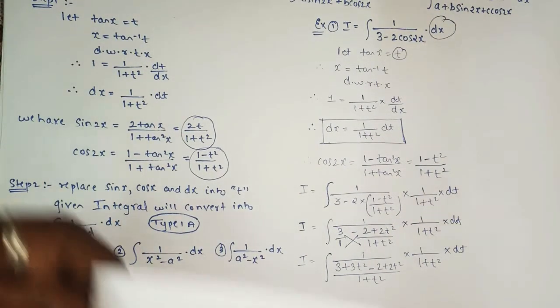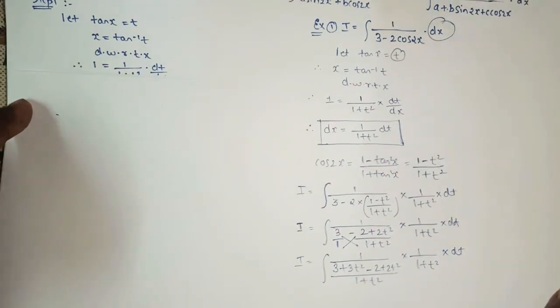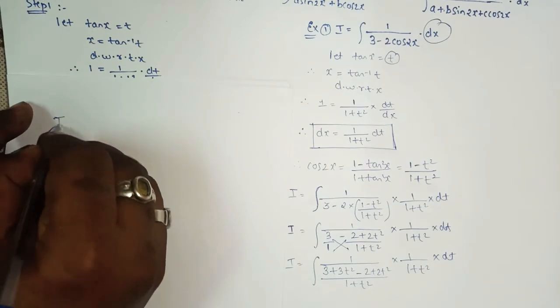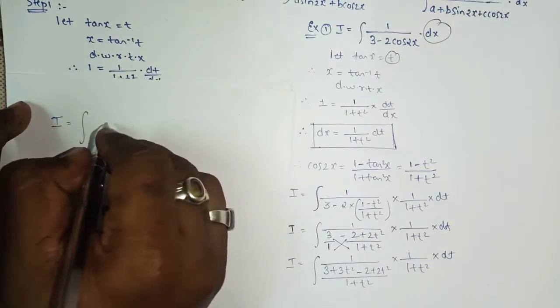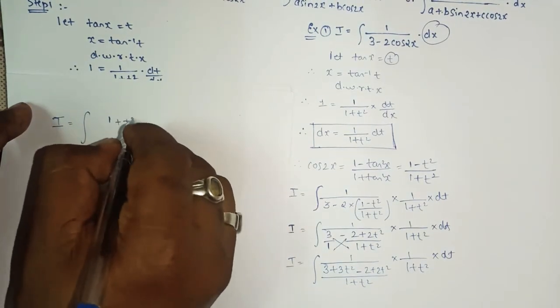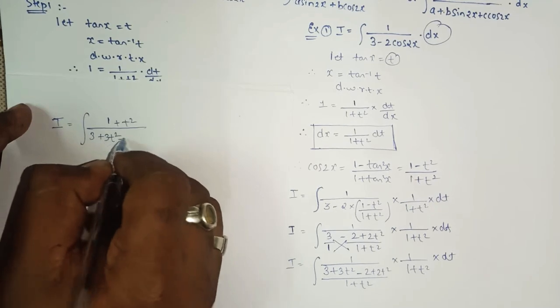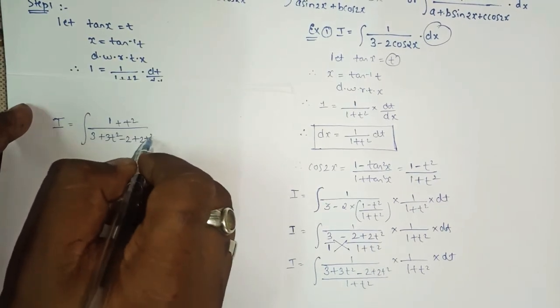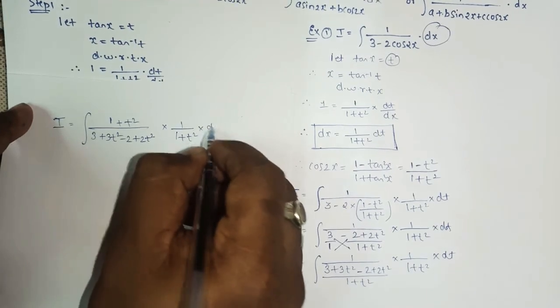Okay, then after this, I equals integral, and this will go to the numerator. So 1 plus t square upon 3 plus 3t square minus 2 plus 2t square, into 1 upon 1 plus t square into dt.